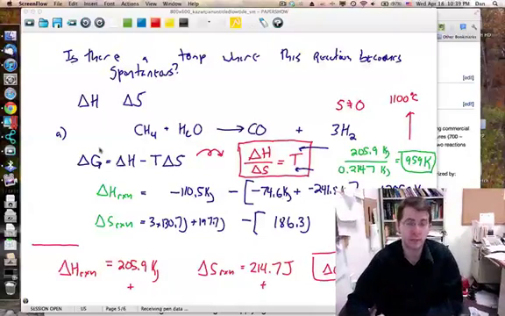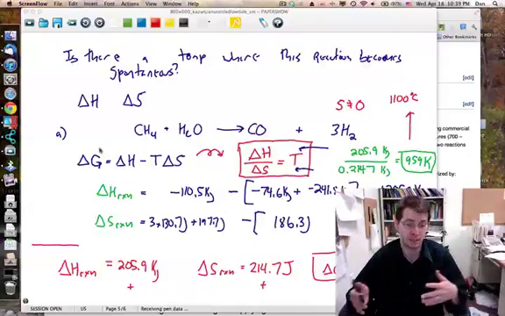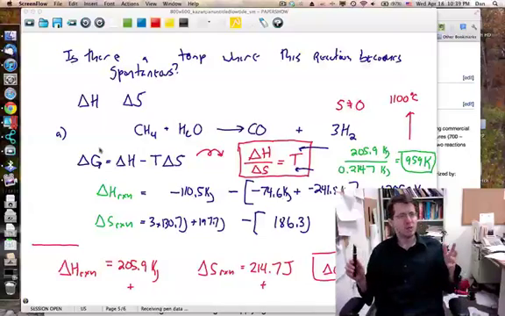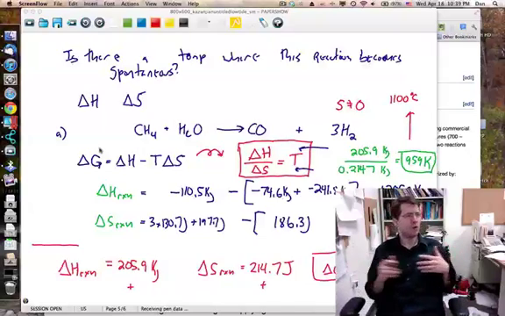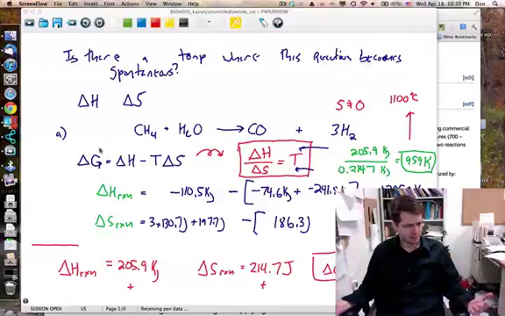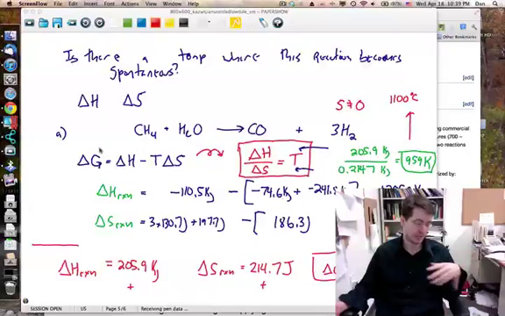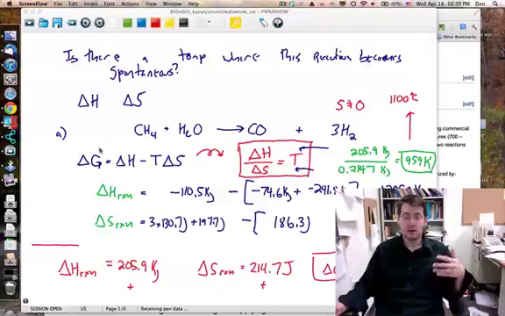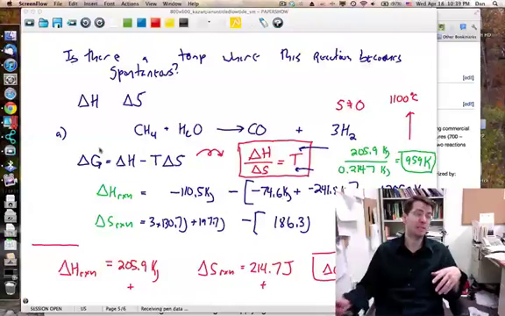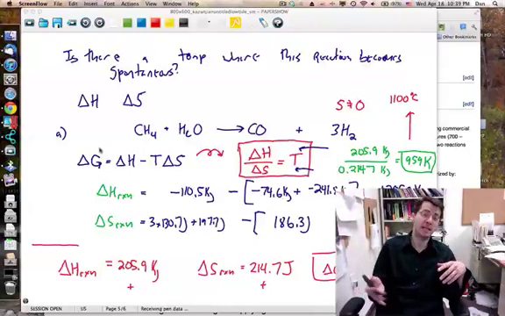So that works when you have these situations where the reaction shifts from spontaneous to non-spontaneous. But what about reactions that are always non-spontaneous? Can we never make them spontaneous? If you take a look at the entropy and the enthalpy components of a reaction, the enthalpy component may be positive and the entropy component may be negative.